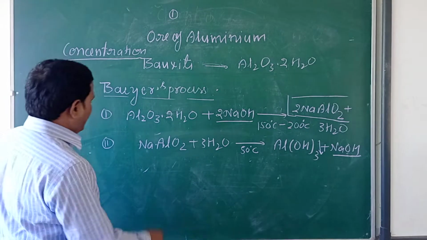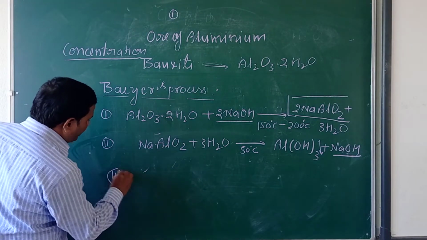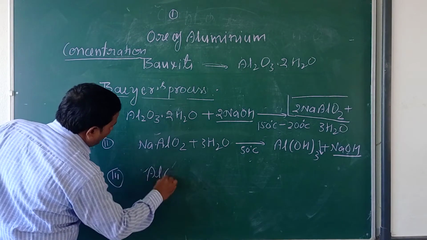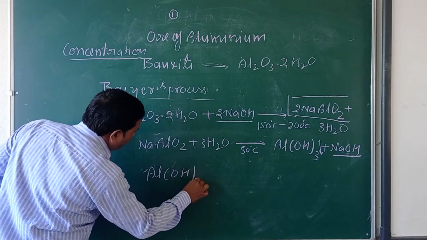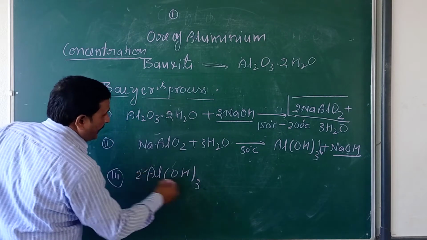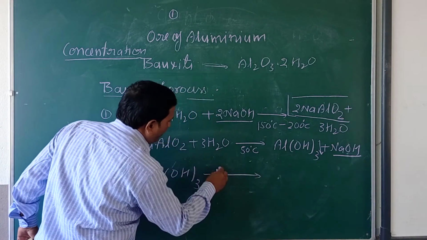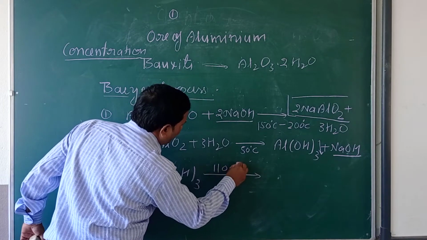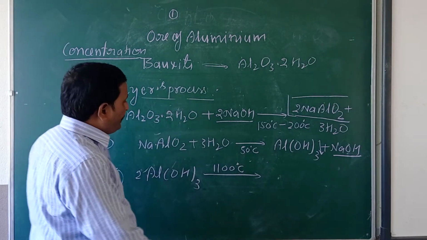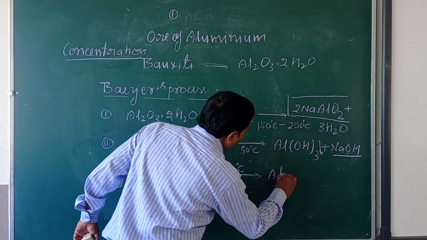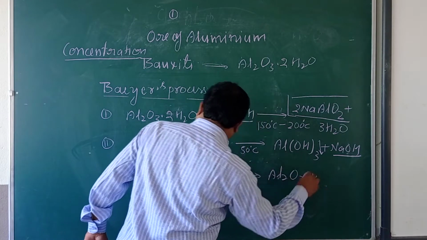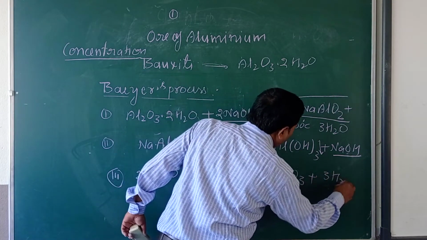After that, the third reaction: aluminium hydroxide at a high temperature, about 1100 degrees Celsius, gives alumina and water vapor.